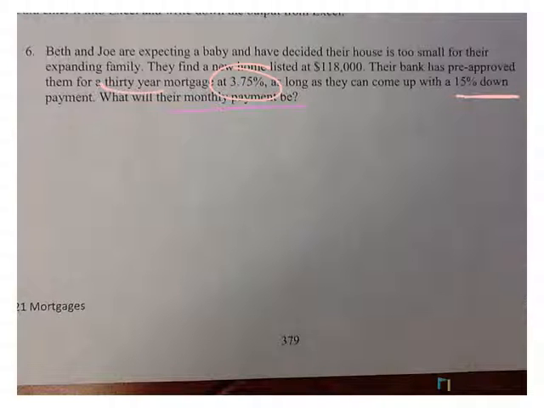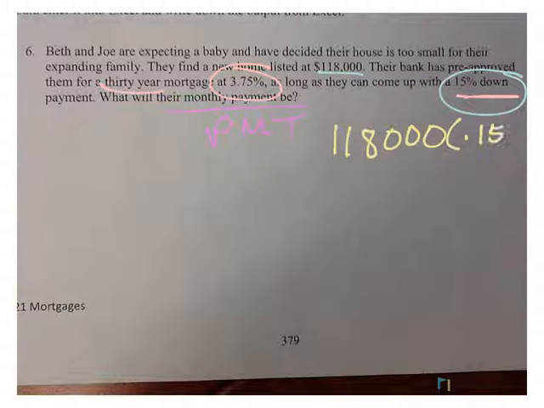Now, we're trying to find the payment, so we are going to use the PMT function, but we have to do a little bit of math first, because they're not borrowing $118,000. They've got to put 15% down. So first things first, if I take $118,000 and I multiply by 0.15, my down payment is going to be $17,700.